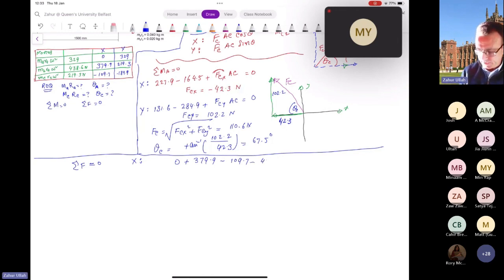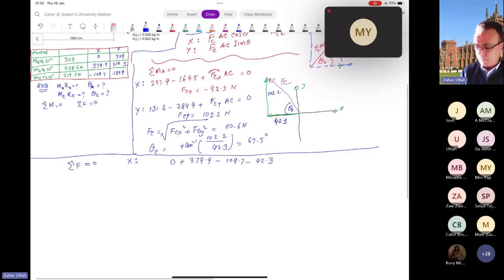So minus 42.3. And now because we are calculating another force at A, which is the unknown force, you will assume that this force is again in the first quadrant.